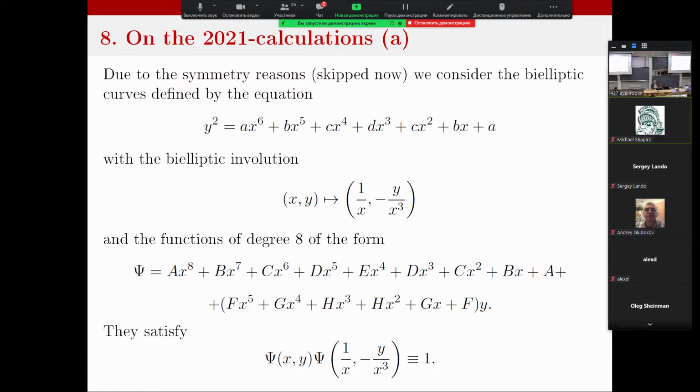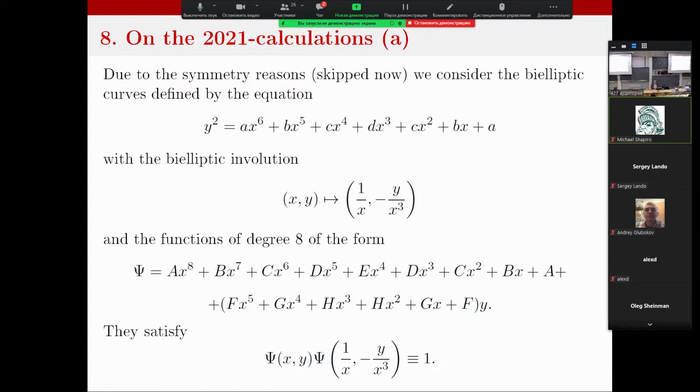So I skip the symmetry reasons by which we know, well, basically they are equivalent to the fact that all the descents are self-dual, and therefore all the curves of genus 2 are bi-elliptic. That means that they admit a two-fold covering of elliptic curves.